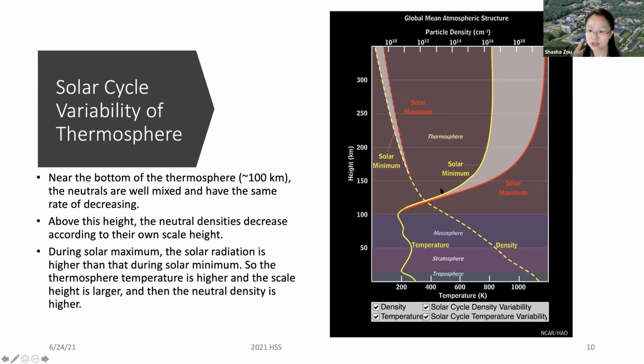If you look at the temperature here, between 100 and 200 kilometers there is a very clear solar cycle variation. Similarly, there is one during the different seasons, but the seasonal variation will be much smaller than the solar cycle variation. Thank you.